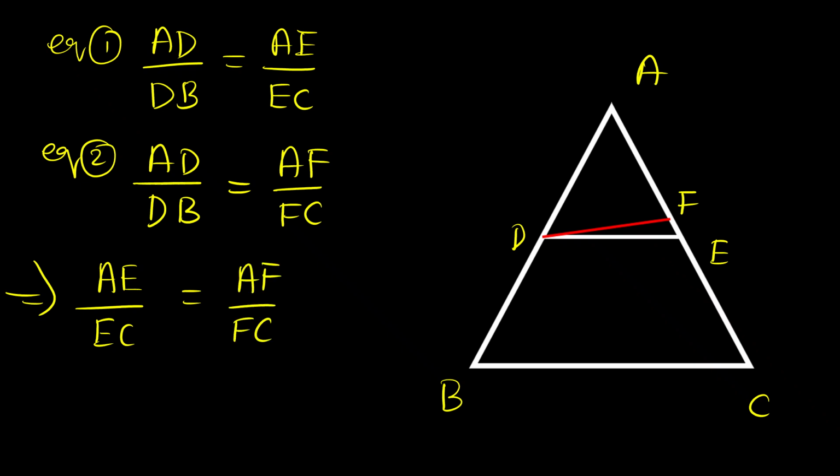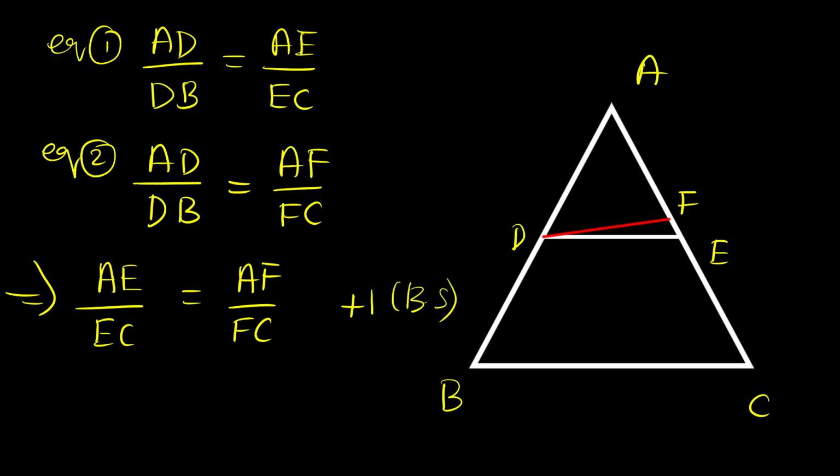So what you can tell now? Add 1 on both sides. We are just going to add 1 on both sides of the equation. So AE by EC plus 1 and AF by FC plus 1. So when we take LCM, in the numerator we are going to get AE plus EC by EC and AF plus FC by FC.